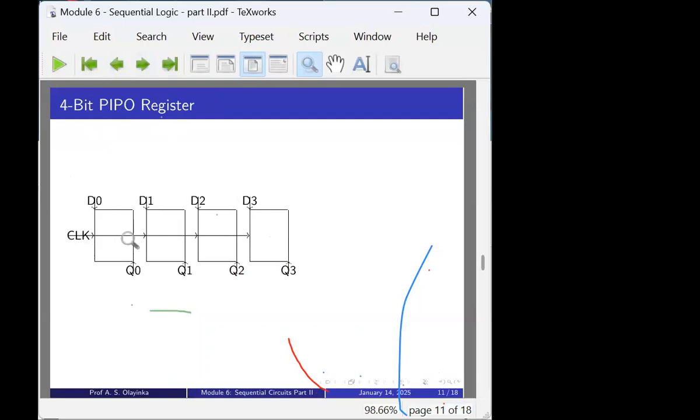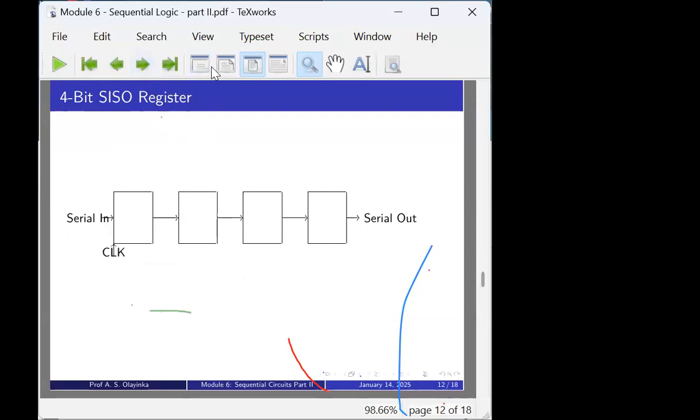You can see the clock gets to each and every one of them at once, and you have the input coming in for each flip-flop and the output coming out for each flip-flop. Looking at the next one, you only have one input coming in and the output coming out here, meaning the output of one goes into the input of the other, and it goes on and on until you have the final output. So, serial in, serial out.